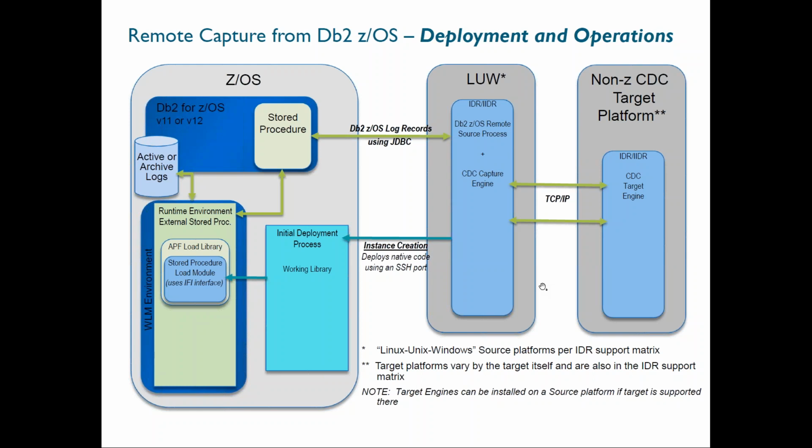So really all that the stored procedure is doing, and it's running in an APF controlled environment, so your security is definitely part of it, is passing and buffering the information back to the capture engine itself running on the LUW platform. One of the beauties here is that the lab has shared with us some information that they're basically seeing a reduction of about 90, and I even heard someone mention up to 95% of the CPU versus running on the z/OS platform itself.